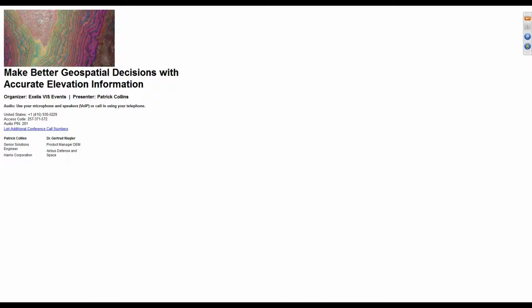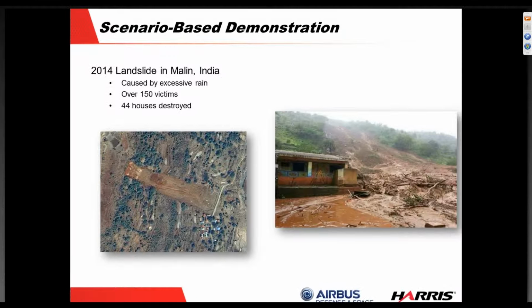All right, for the next piece of the webinar, I'm going to discuss a scenario-based demonstration, as mentioned before, surrounding this landslide that occurred in Malin, India, last year in 2014. You can see on the left an Airbus image of the post-event of the landslide.